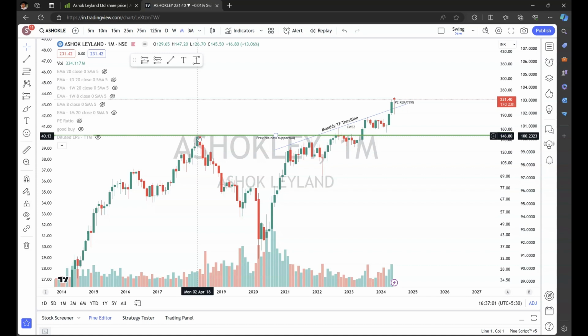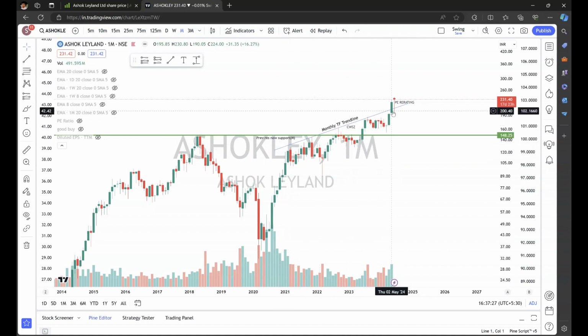So we have a very good opportunity in front of us to enter the stock because the stock started moving up. I have also shown the monthly time frame trend line. You can see how the price has formed a beautiful monthly trend line, which is around a 3 year time frame.